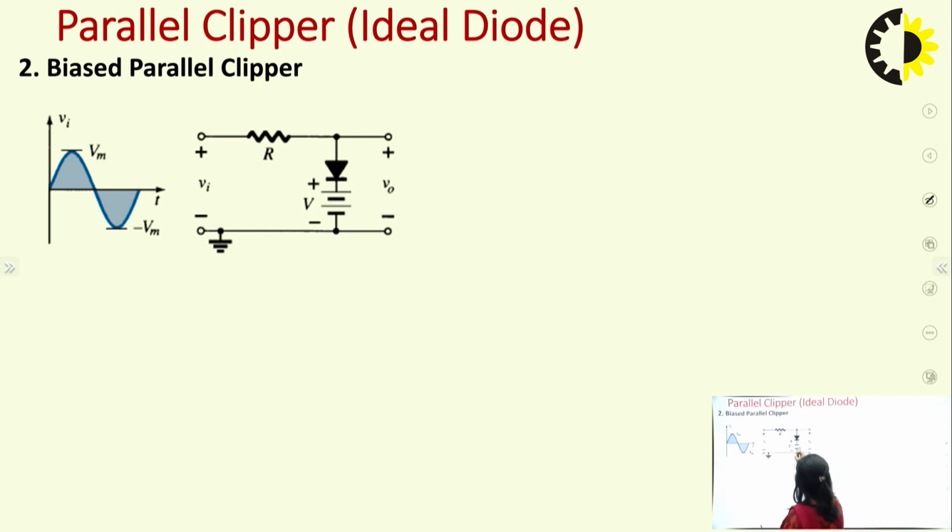So here now we have to find in which condition our diode will conduct. At P plate potential is Vi and N plate potential is V. And for the diode to be in conducting state, the potential at P plate must be greater than the potential at N plate. So the condition would be Vi must be greater than V. For this condition diode will conduct.